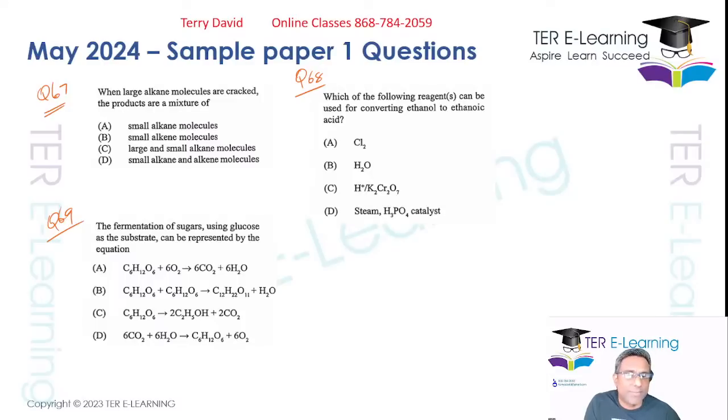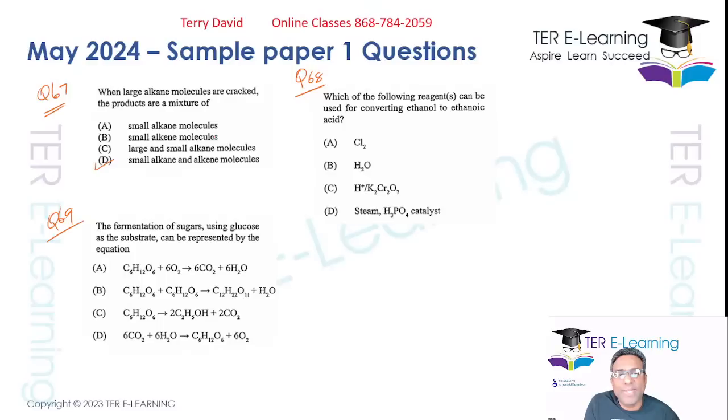Everybody tells me the answer is D. So small alkanes and also alkenes. So the answer is D. Yeah, that's correct. What about 68?